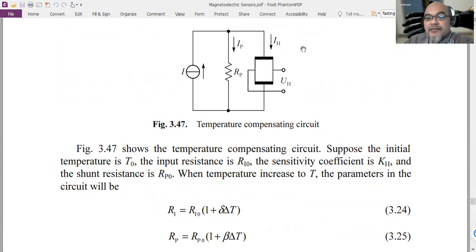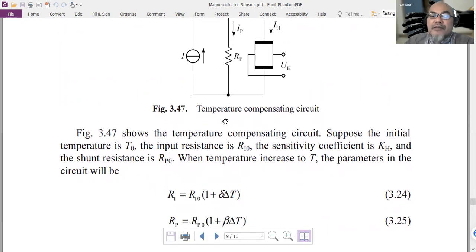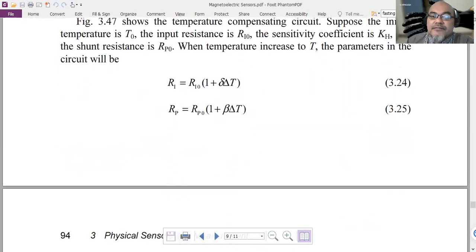When the temperature increases from T0, the parameters of the circuit change: Ri becomes Ri0 multiplied by 1 plus delta times delta T, where delta is the temperature coefficient.